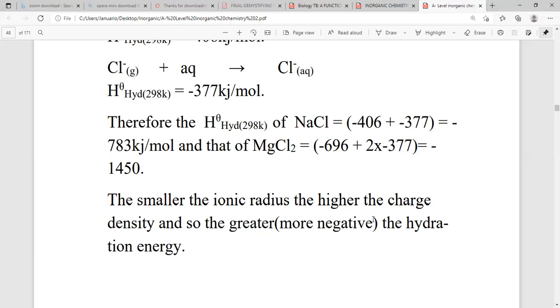If it has a small ionic radius and the charge is high, what is charge density? You get the charge on the ion divided by the ionic radius. So the smaller the ionic radius and the higher the charge, the greater the charge density. And once the charge density is high, you expect the water molecules to be strongly, closely attracted. Hence, there is high hydration energy.